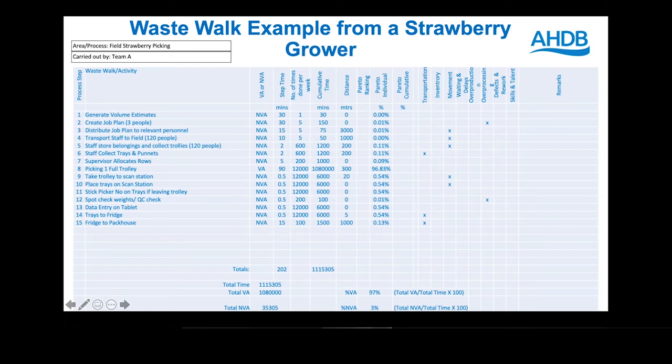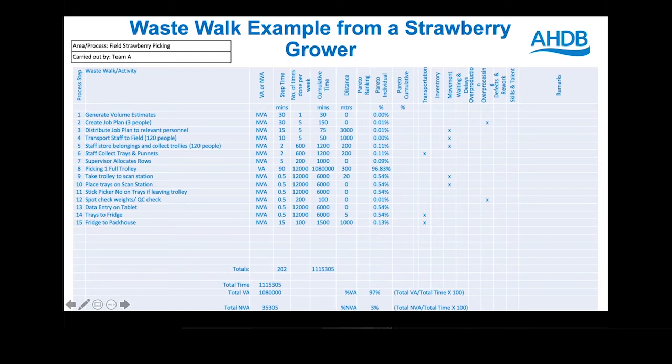So that's all the steps involved. We've got recorded down here the value add and non-value add. The vast majority of value add is in the actual picking process itself, taking the fruit and placing it into the punnet.